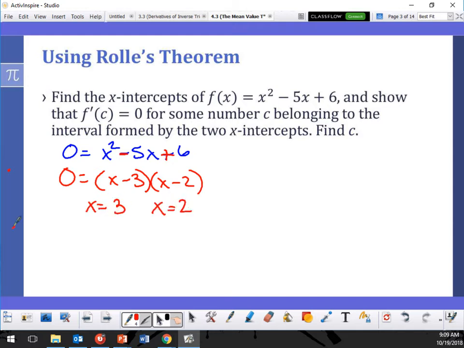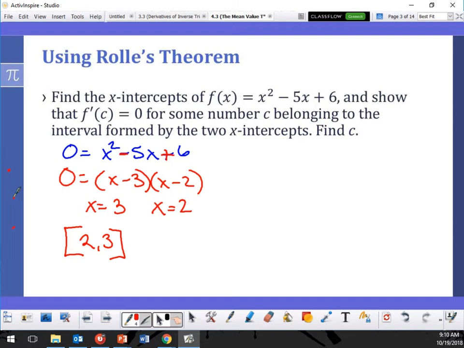All right, so now my closed interval is going to be what? 2, 3. Okay. My closed interval is 2, 3. So applying Rolle's theorem here says that there has to be a derivative where it's equal to 0 somewhere in between there.